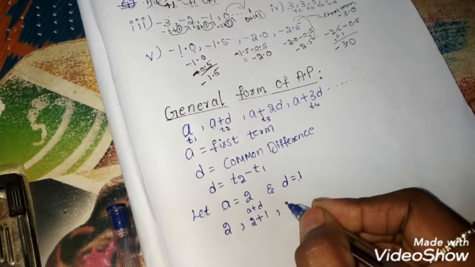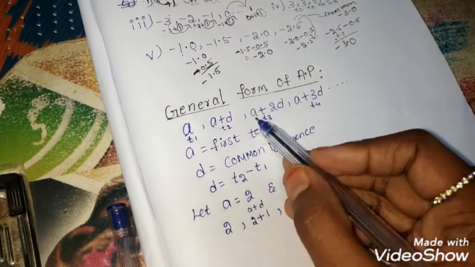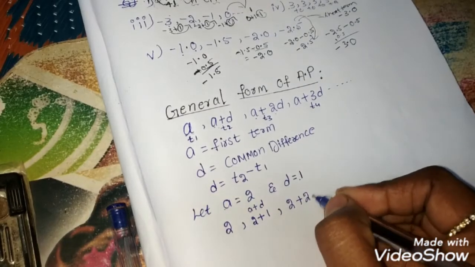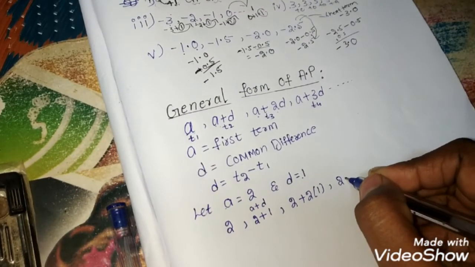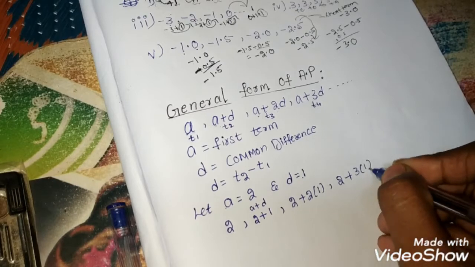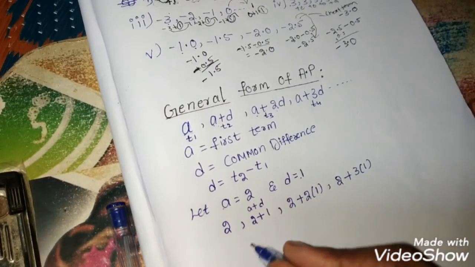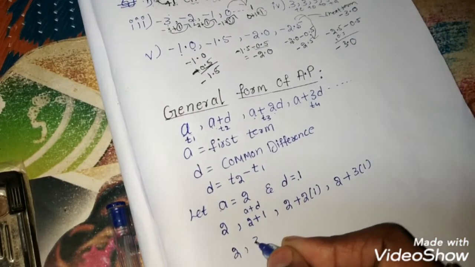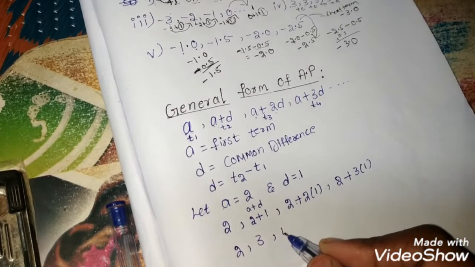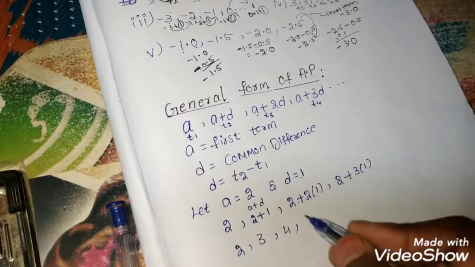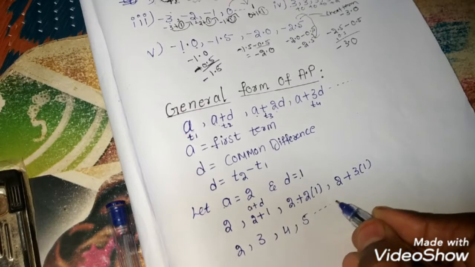Then A plus 2D, that is 2 plus 2 into 1, and then A plus 3D, that is 2 plus 3 into 1. Are you getting it? See here: 2, 2 plus 1 is 3, 2 plus 2 is 4, 2 plus 3 is 5 and so on.